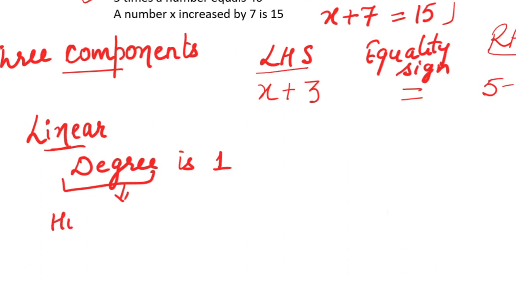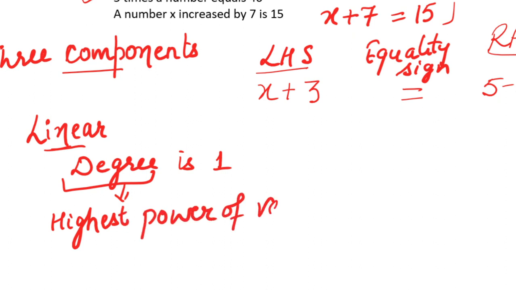Degree means the highest power of the variable. Any variable which we have in the equation, the power of that variable must be 1. So the highest power of the variable is known as degree.